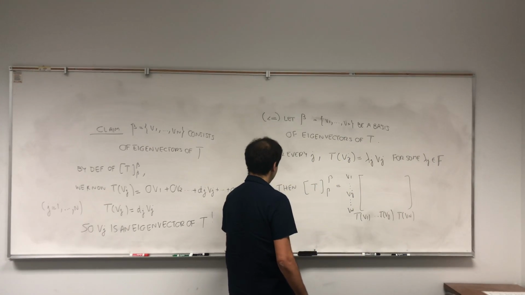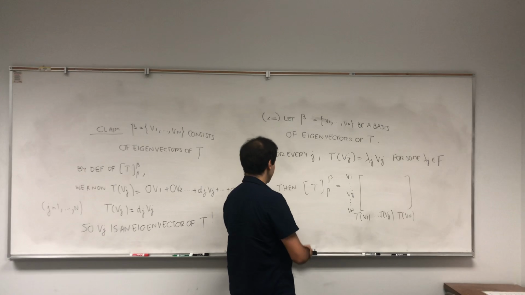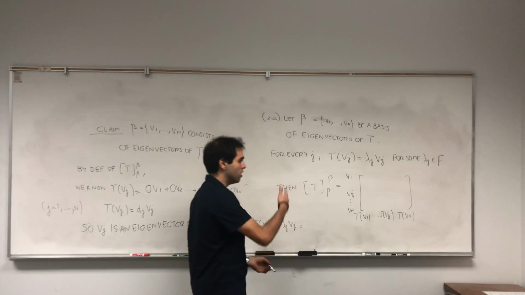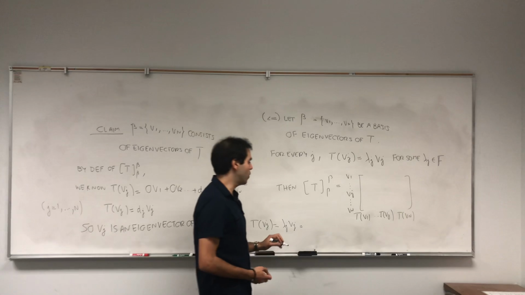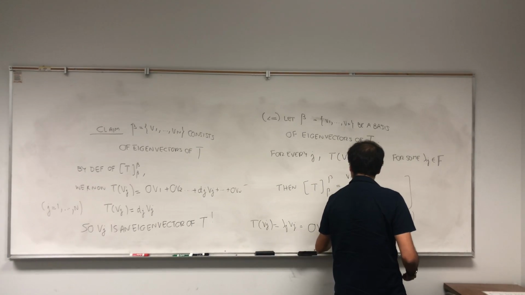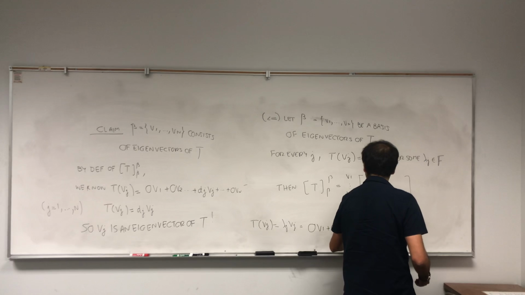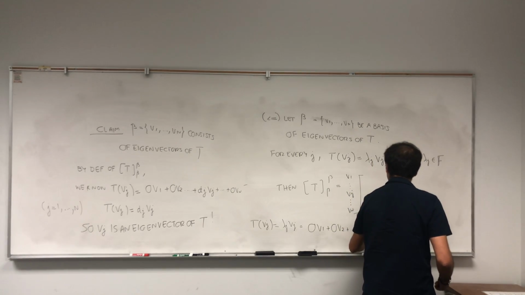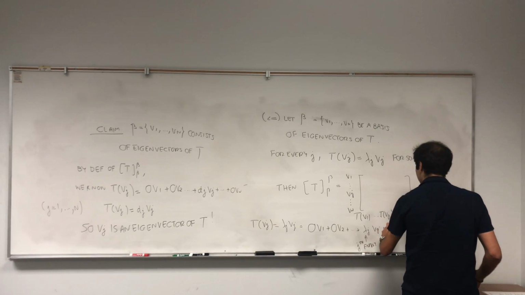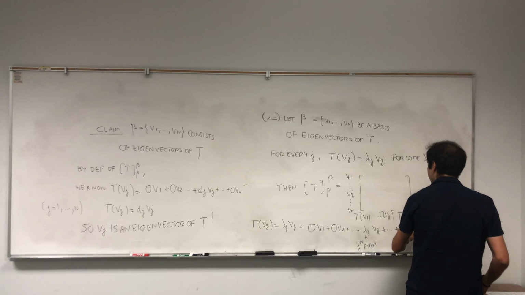T of Vj, by definition we know it's lambda j Vj, but if you express it in terms of V1 up to Vn, it's 0 V1 plus 0 V2 plus dot dot dot plus lambda j Vj, precisely in the jth entry, plus dot dot dot plus 0 Vn.